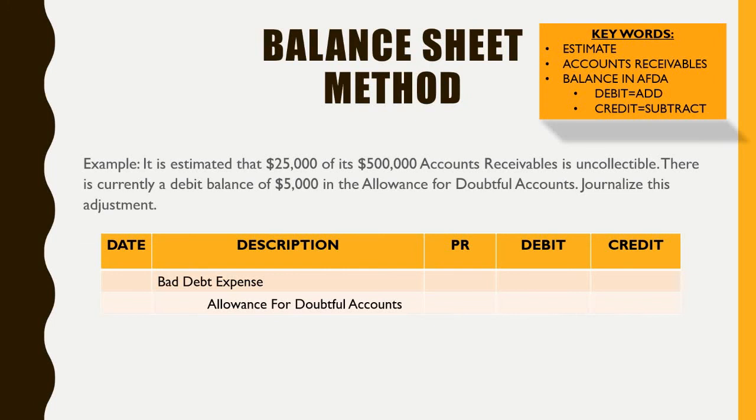So at the very top right corner, this is what we're going to take a look at. When we read the scenario, we need to recognize what the estimated amount is. In this case, it's telling me that $25,000 out of my $500,000 of accounts receivable, okay, so that means people owe me a grand total of $500,000. 5% of $500,000 is $25,000.